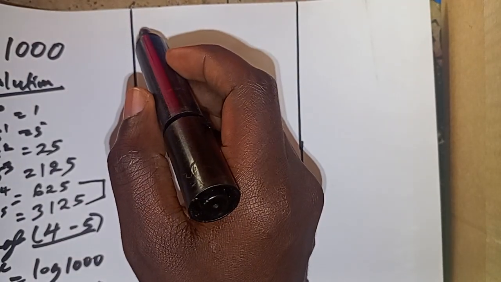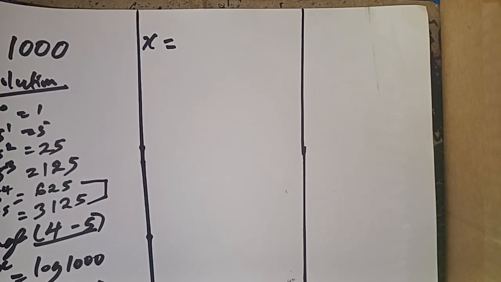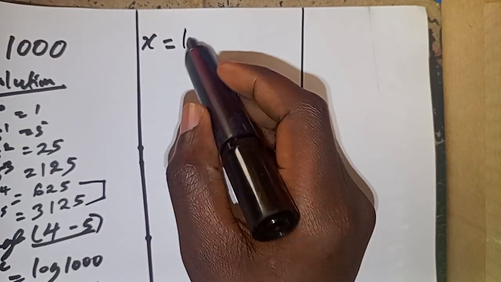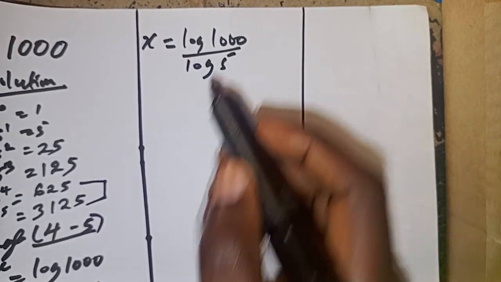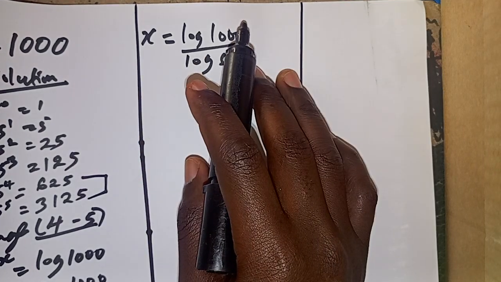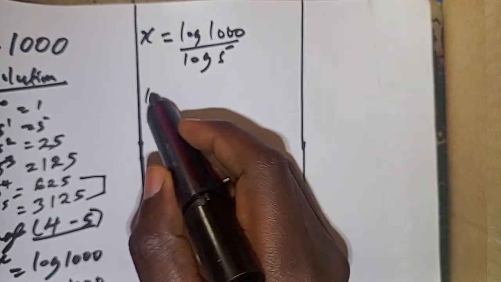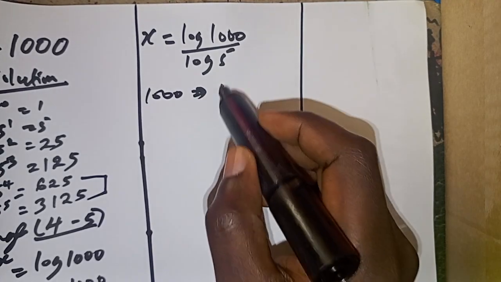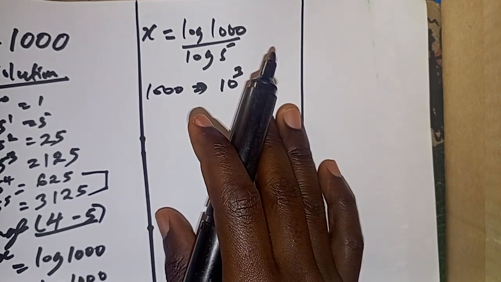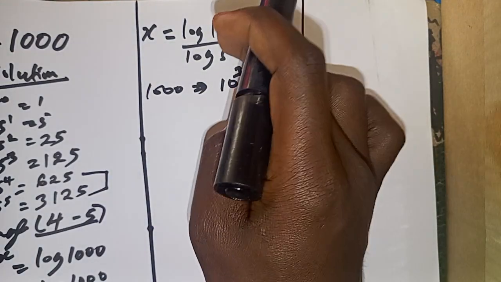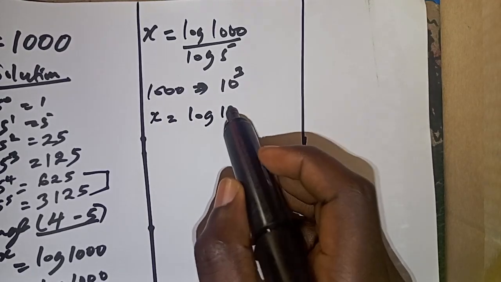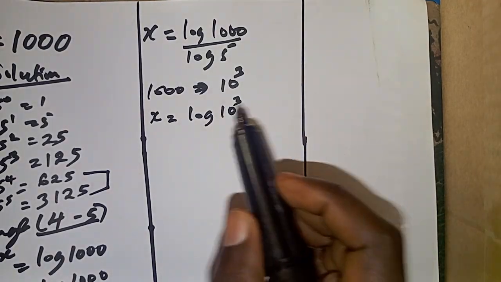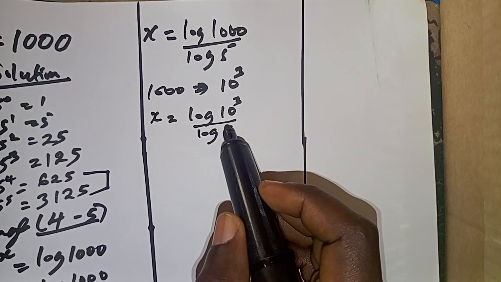So x now is equal to log 1000 over log 5 again, and I know that 1000 can be written in the form of 10 raised to power 3, so that when I replace this here, I'm going to have x is equal to log 10 to the power 3 divided by log 5.